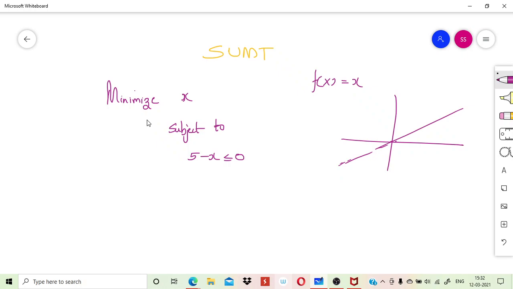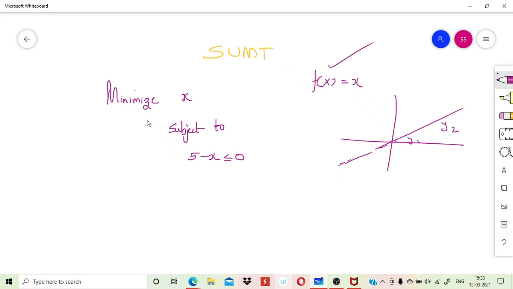If you take an arbitrary pair of points y1 and y2, and you join the 2 points by a line segment, then that exactly coincides with the graph of our objective function f of x. So by the definition of a convex function, it is a convex function, right? So the objective function is a convex function, that is satisfied.